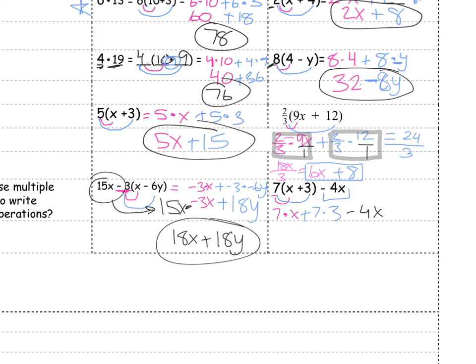And I'm going to compute 7 times x, 7x. 7 times 3, 21. And we still have that minus 4x. So now I'm going to combine my like terms. So when I say that, I'm going to combine these two x's. So 7x minus 4x is going to get me 3x, and then we're going to keep that 21, plus 21.